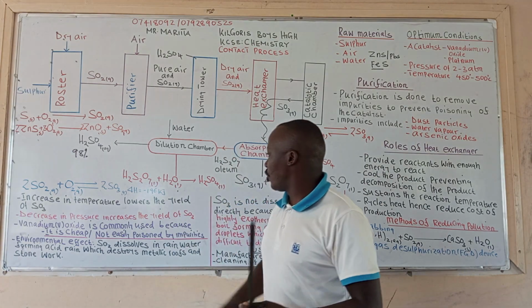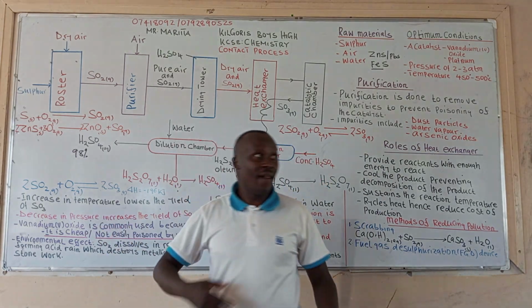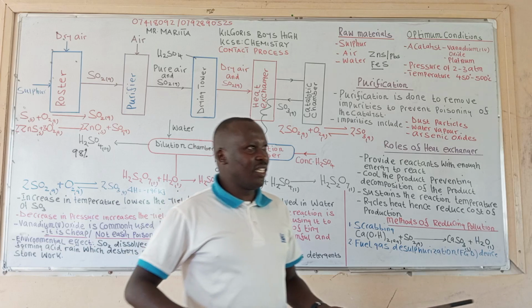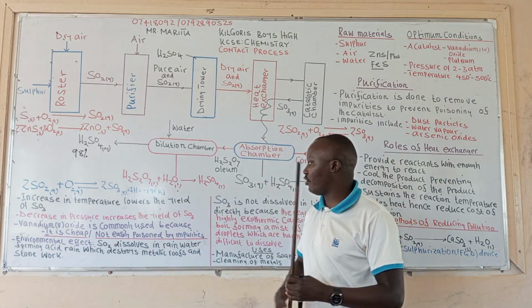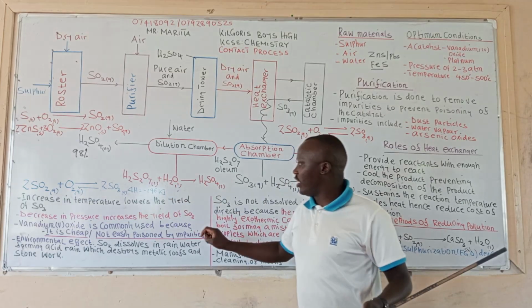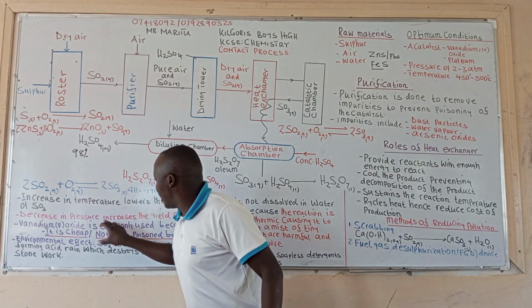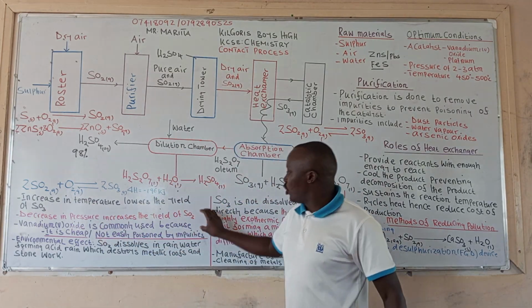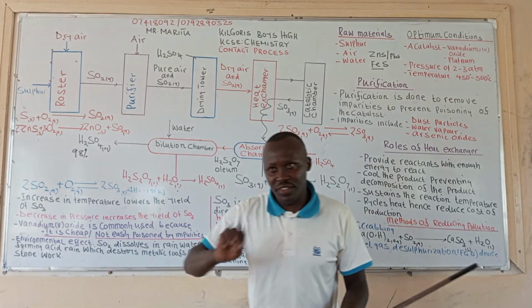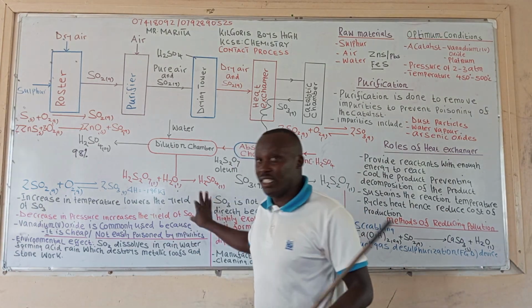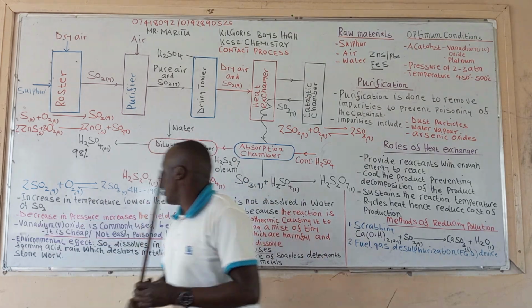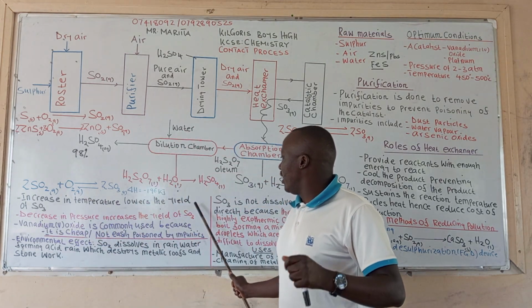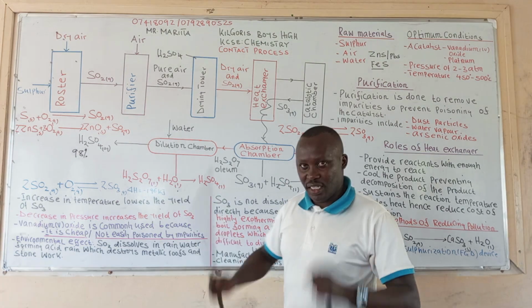Increase in temperature also favors the side with more molecules; you will study those factors in form 4. But according to this equation, when the temperature is decreased, there will be an increase in the yield of sulfur 6 oxide.